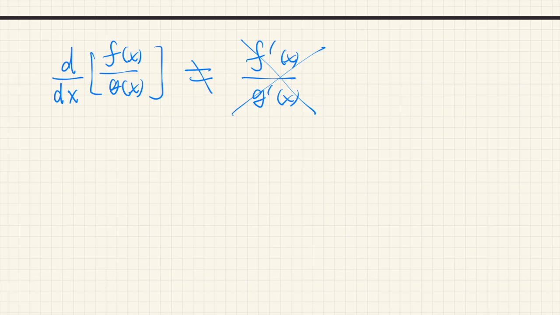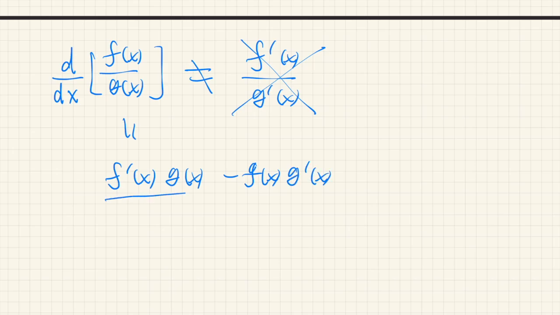Instead, this is equal to f prime times g of x minus f times g prime, divided by g of x squared. Of course this is defined only when g of x is non-zero, otherwise it cannot be defined.